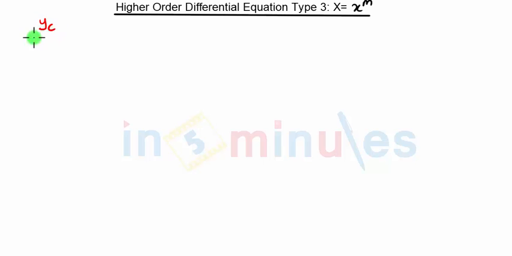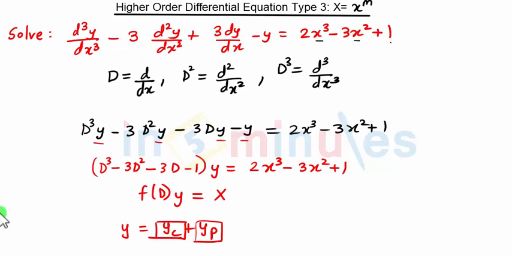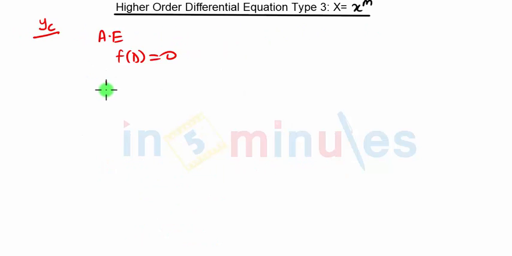To find yc, we need an auxiliary equation, and the auxiliary equation is given by f of d equal to 0. What is f of d? f of d is nothing but this term. So f of d is d cube minus 3d square plus 3d minus 1 equal to 0. If you observe this equation closely, it is nothing but d minus 1 the whole cube equal to 0.